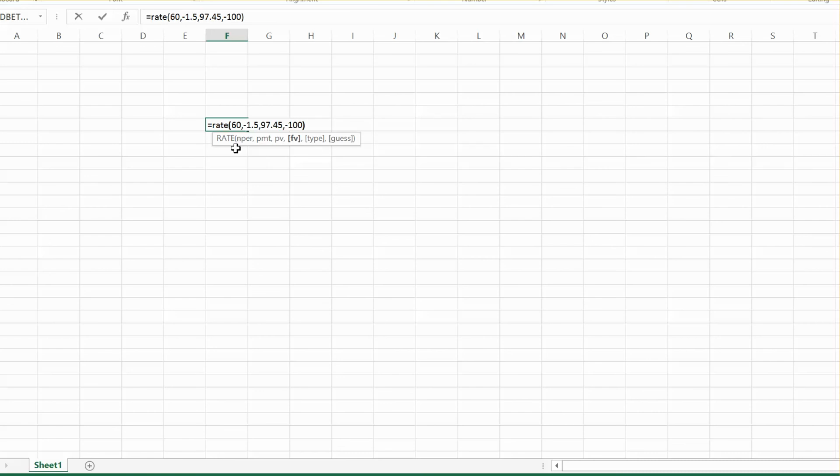Okay, notice what I've done here. I have taken the sign of the payment to be negative and the future value to be negative, but the present value is positive. You always want to keep the signs flipped. In other words, what you receive and what you pay have to be the opposite sign. You could do the reverse, and keep the payment and the future value positive and the present value negative.